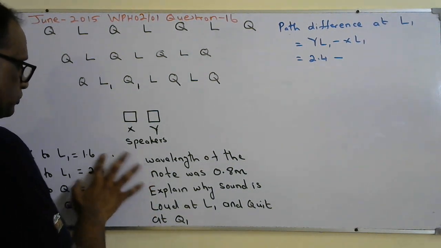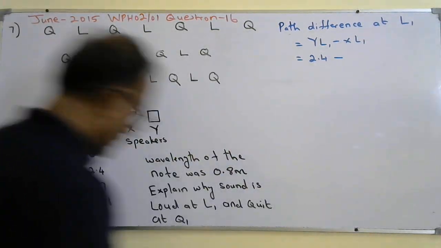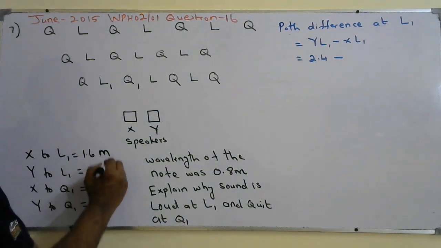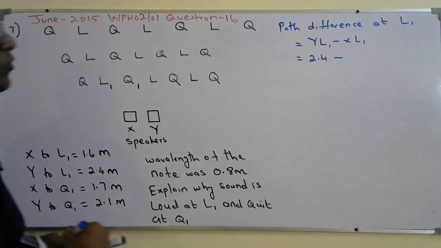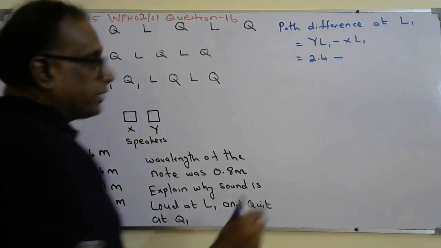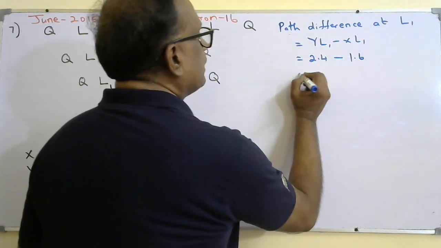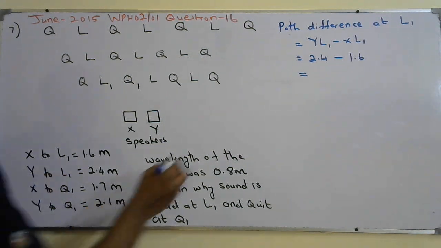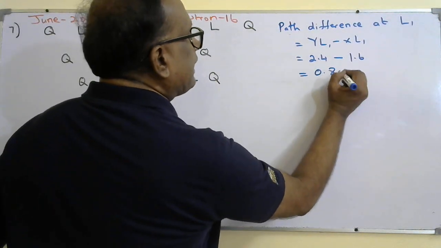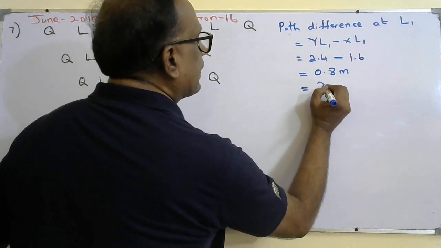So 2.4 meters minus 1.6 meters is going to be 0.8 meter, that is lambda.